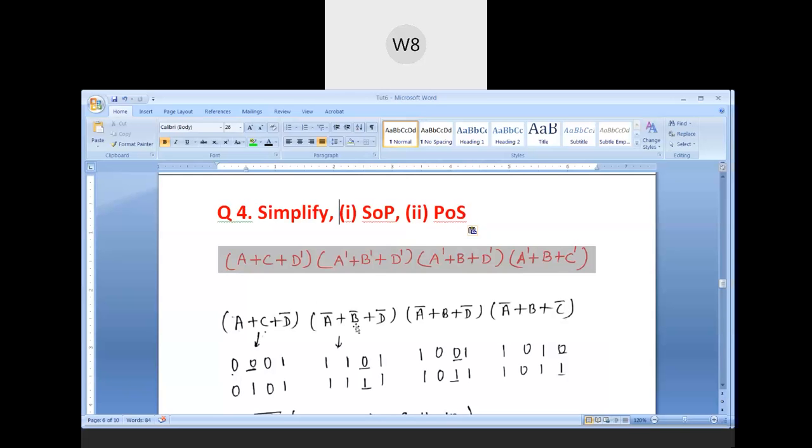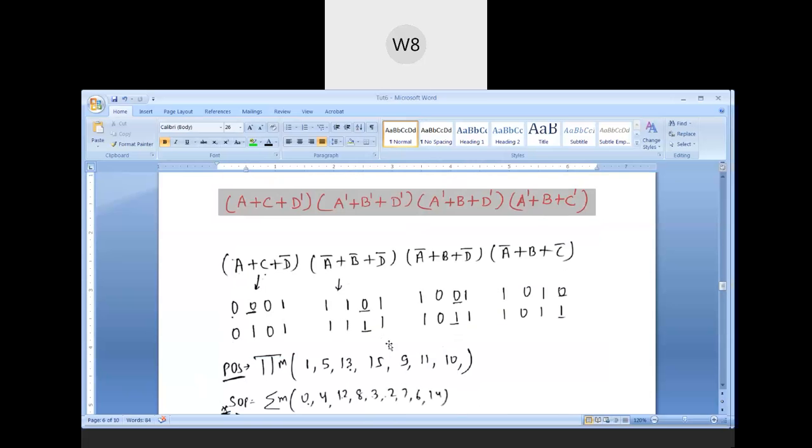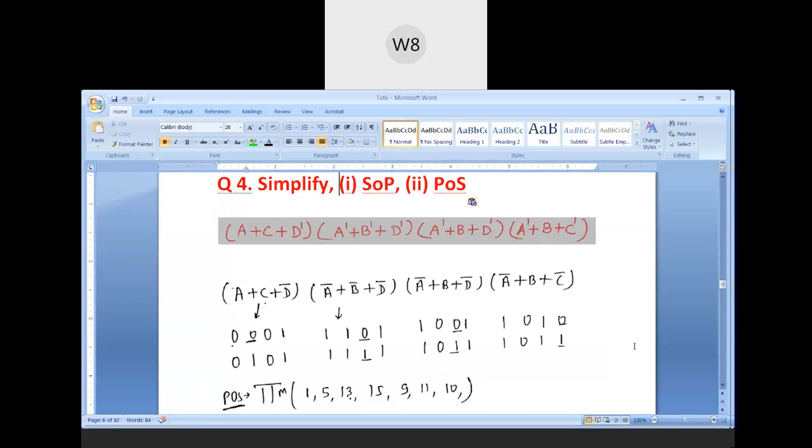Similarly, for the remaining 3 terms also, we find those inputs for which they are going to be 0. Now we have all the possible inputs for which the function will be 0, because their corresponding sum term is going to be 0. These are called max terms. A max term is a sum of all the variables such that it is going to be 0 for a specific input.